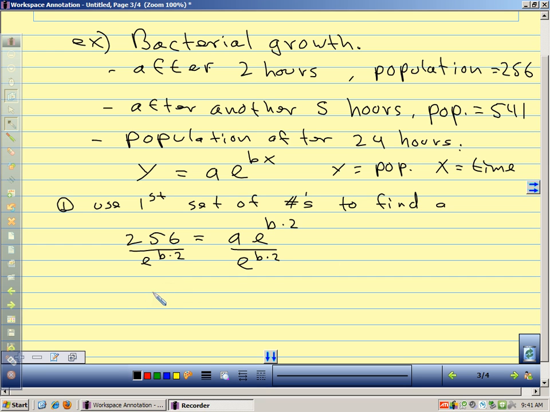I'm going to turn this around and say a equals 256 with a positive exponent in the denominator. How else can I write that? What can I do with that exponent?